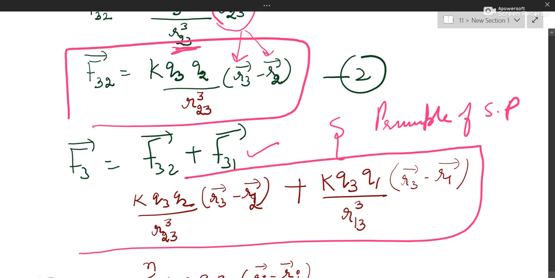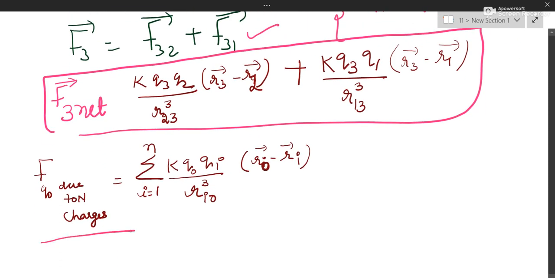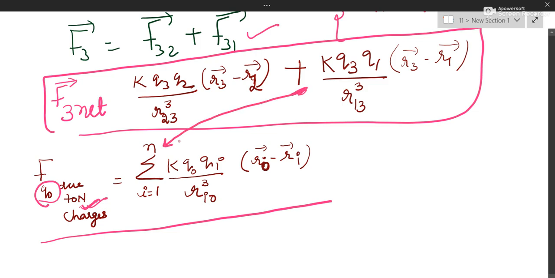But this is for a 3-point charge system. This is force on the third charge due to the rest of the two charges. Now similarly I have written the expression for force on Q naught due to n point charges. It will be a summation, sigma, because it is plus. K is there. In place of third charge, here I am taking force on Q naught charge, so it is Q naught.